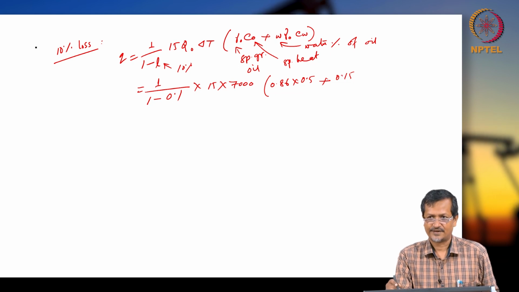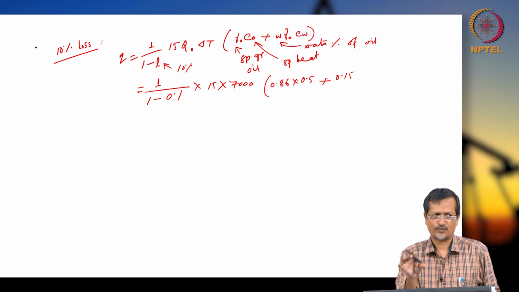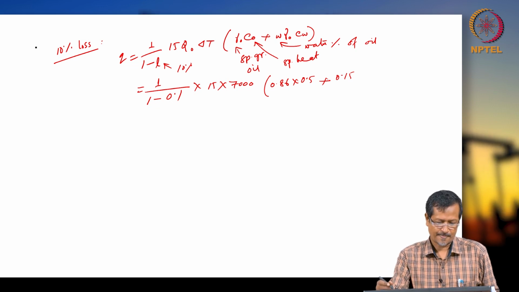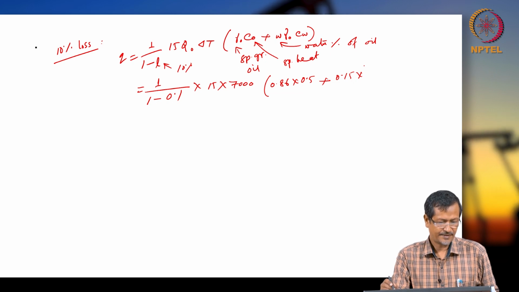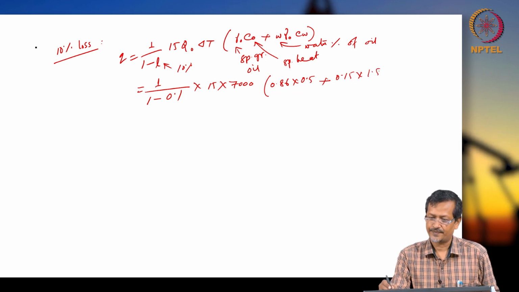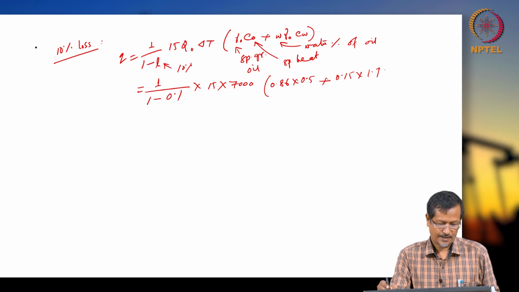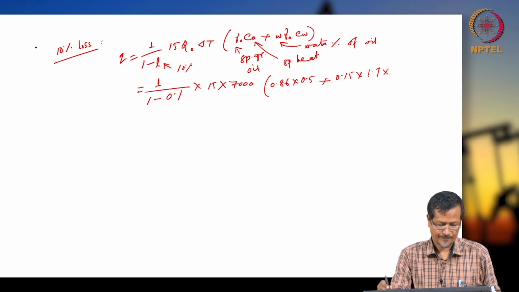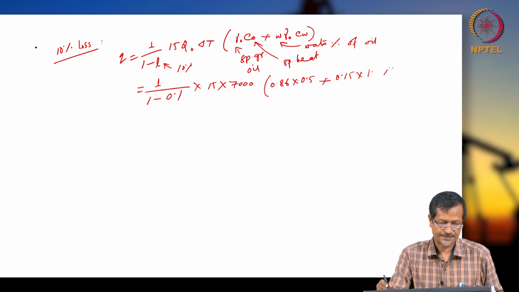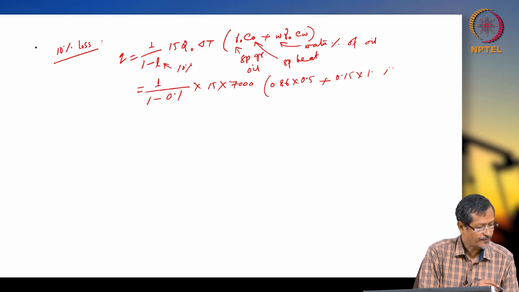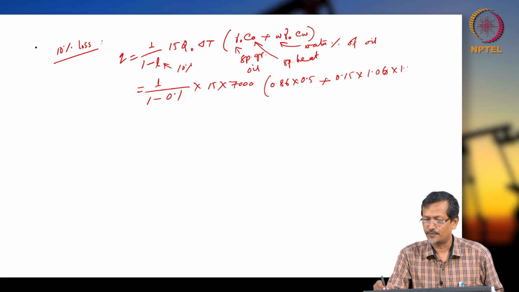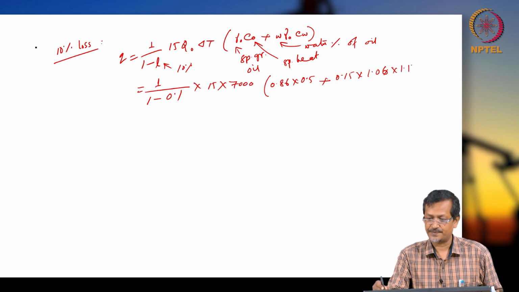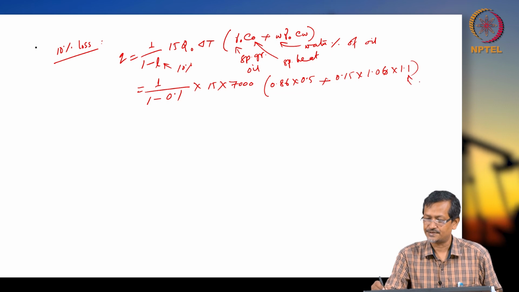So we are assuming 15% water is there, and gamma water is 1.06, into 1.1 for specific heat of water, okay.